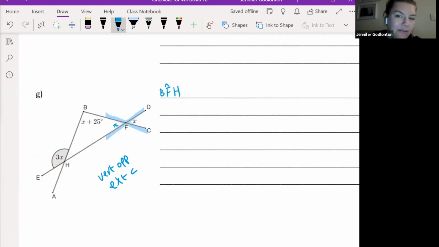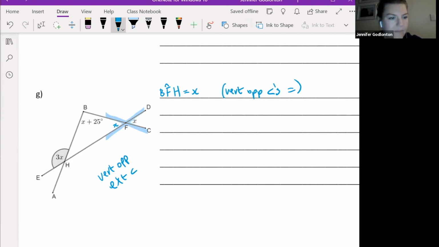You could also say BFE. Is equal to X because of vertically opposite angles being equal. So that's the first thing we're going to write. We're just saying that that angle there is X. Does anyone have an issue with what I've done there? Is everyone happy with that step?